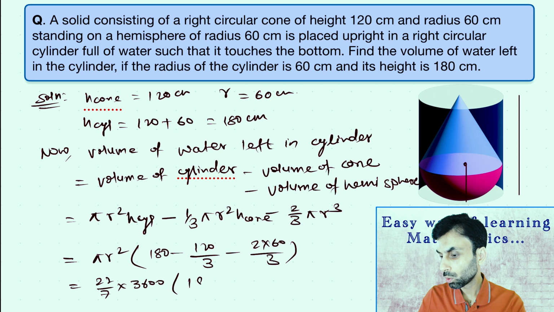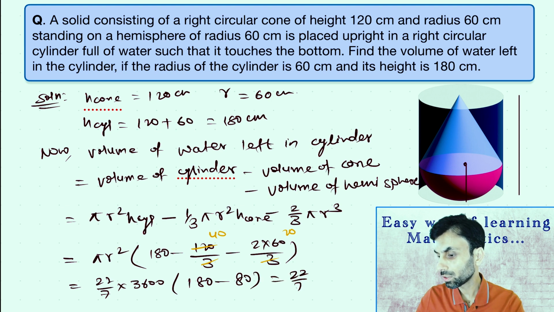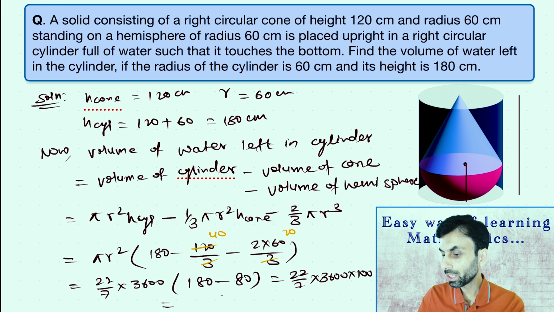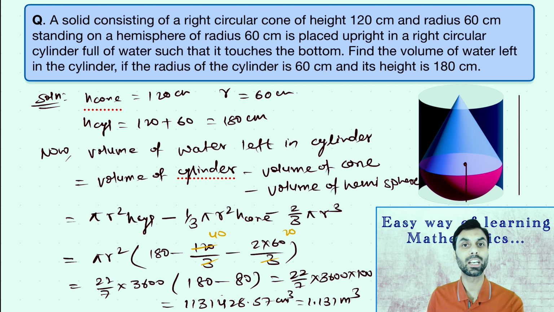It will be 180 minus, on cancellation, this will be 40. This will cancel 20 times. So this will become 140 minus 40, that will become 100. It is 22 upon 7 into 3600 multiplied by 100, which will be equal to 11,31,428.57 cubic centimeter, which also can be written as 1.131 cubic meter. And that will be the answer of it.